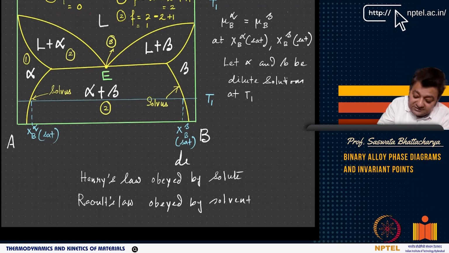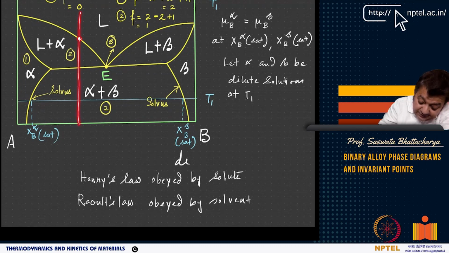Now if you look at this composition at the eutectic temperature, you again see a liquid, alpha, beta coexistence, right? Now why is this E so different? Because when you are solidifying here, this is the liquid composition.